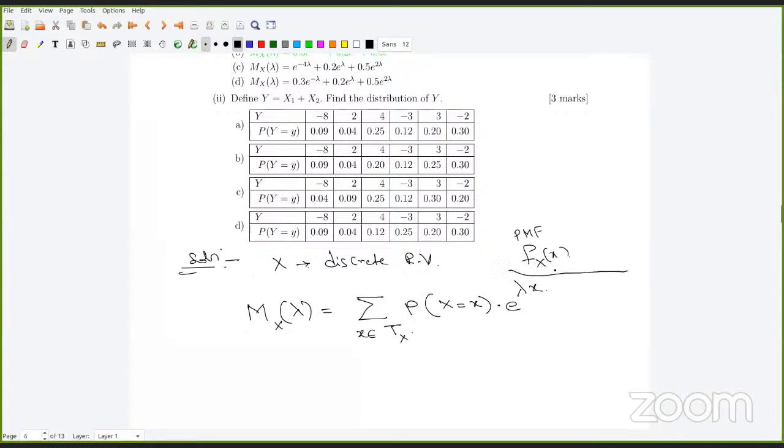What is the formula when X is continuous?